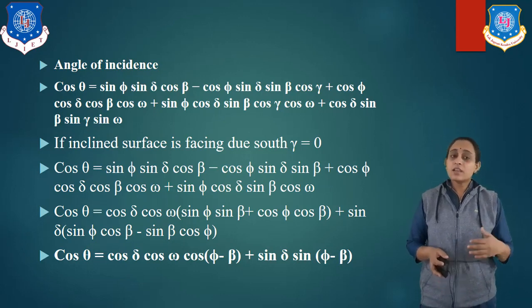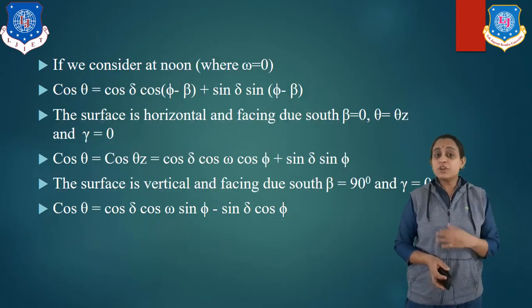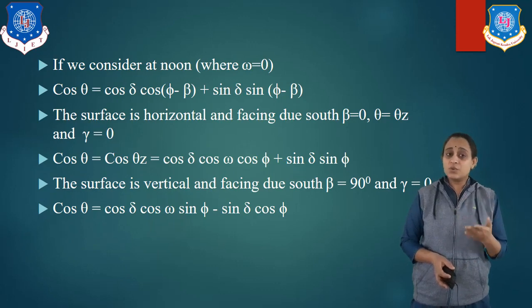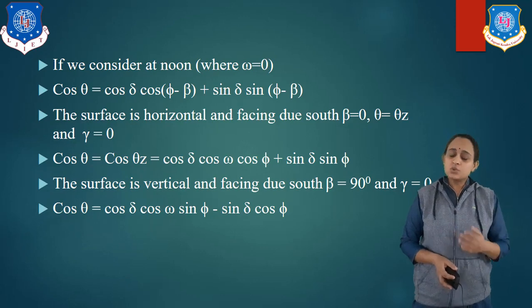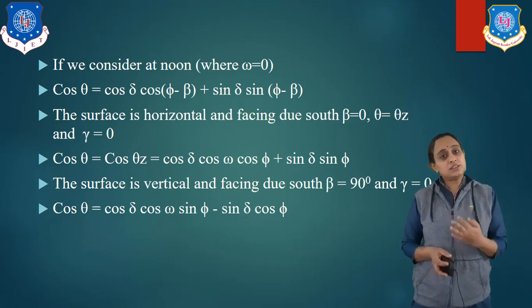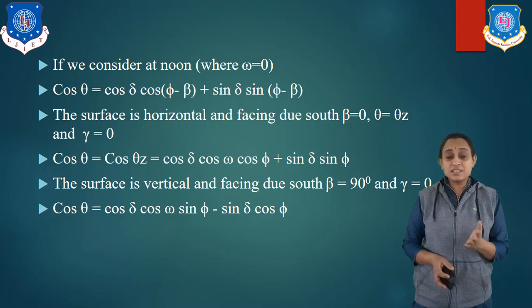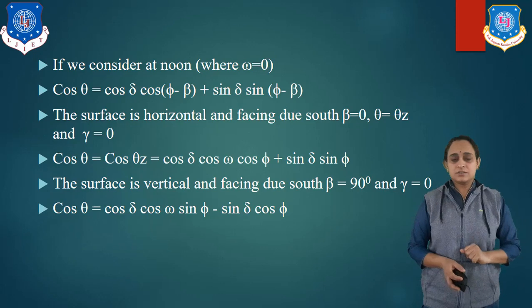So that is our final equation. You have to remember it. Now, if we consider noon time, forget about gamma and everything else, because we have the equation in terms of cos delta and cos of phi minus beta. At noon time omega is 0, as we have already discussed, because the sun is at our head position.